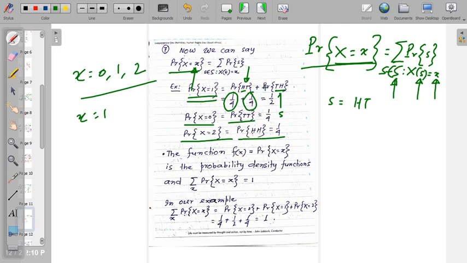And 1 by 4 for the probability of TH. So then it becomes half. The probability X equal to 0 is 1/4, and the probability X equal to 2 is 1/4 again. Right.